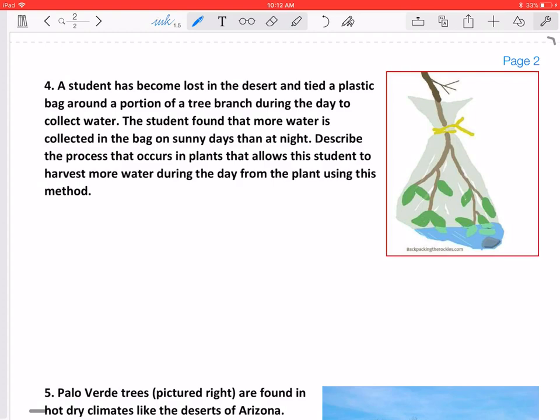Describe the process that occurs in plants that allows the student to harvest more water during the day using this method.